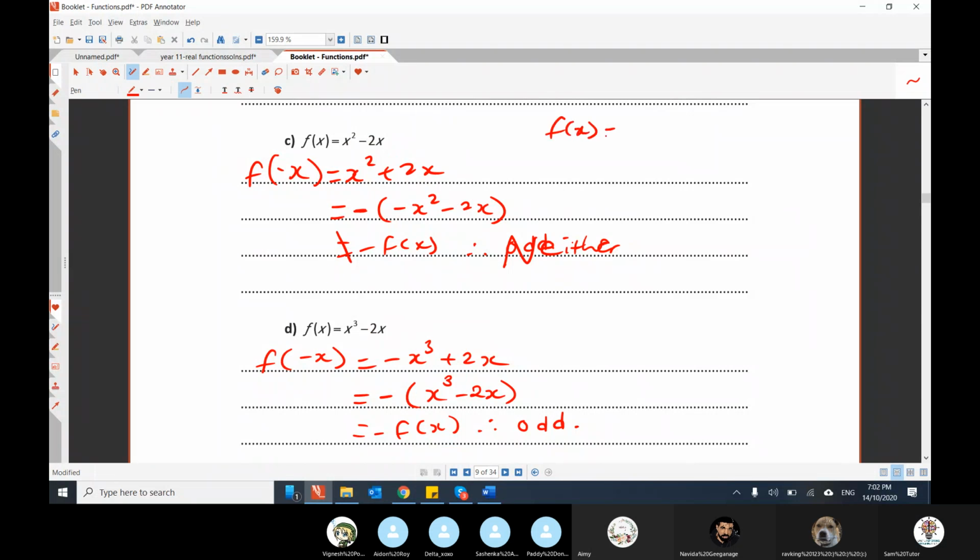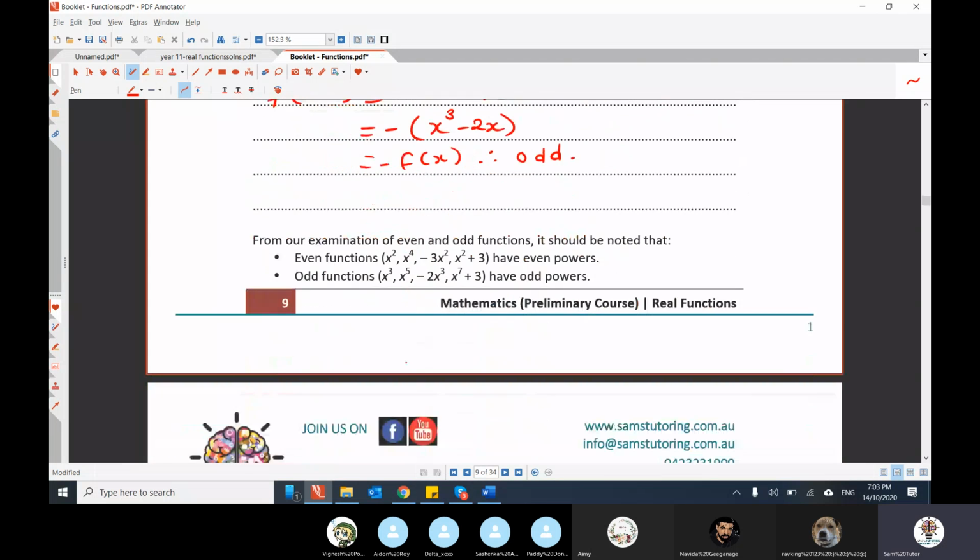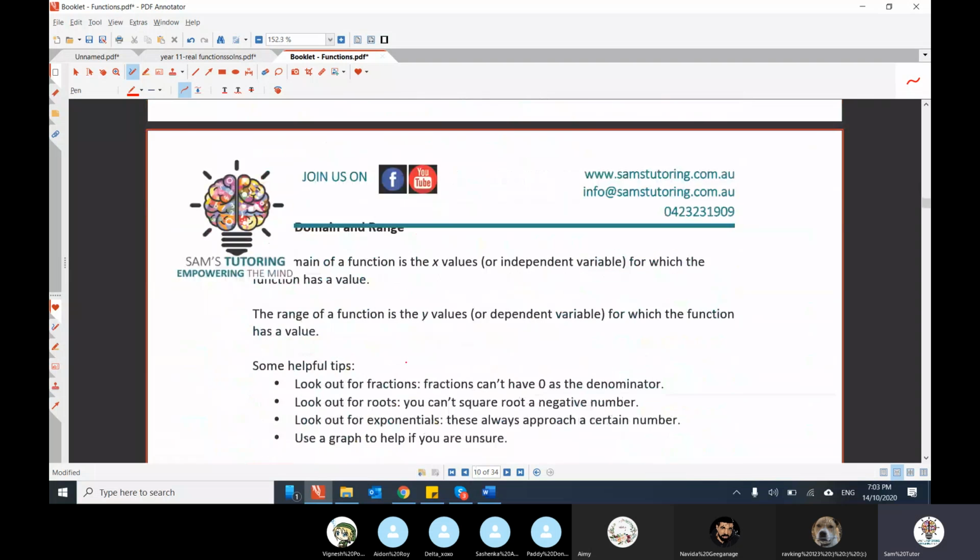An odd with a number won't work out, but an even with a number will work out, because by the time you sub in a negative, it's just going to get you back to the original anyways. So it's good to keep that in mind. Nevertheless, you should be able to see it that way.